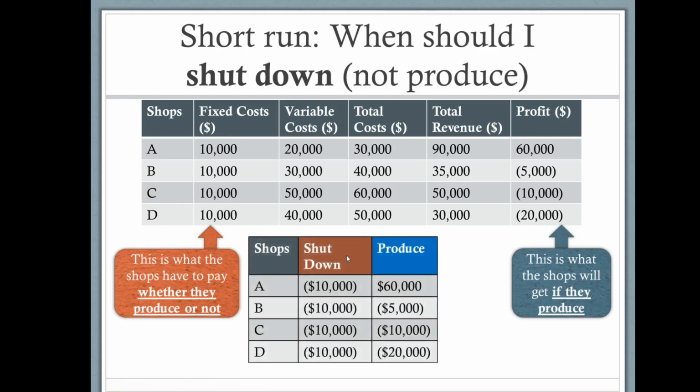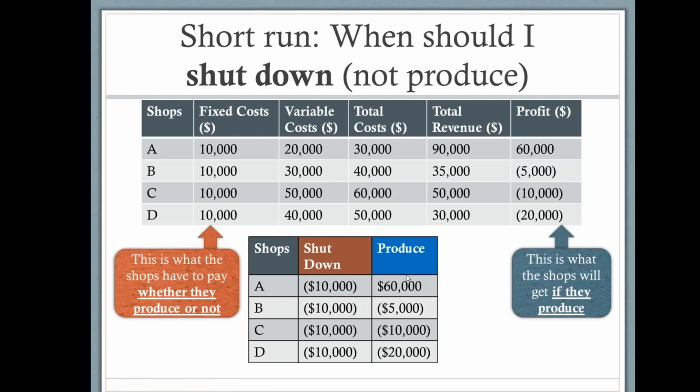Take a look at shops A, B, C, and D. If they shut down, which means they do not produce, they have to pay $10,000 as a cost. So if all of them do not produce, they will have a cost of $10,000.